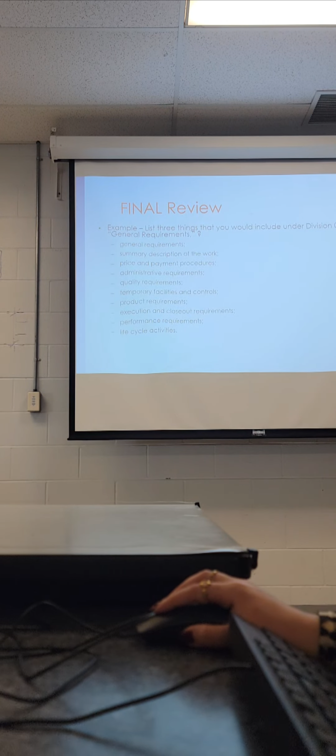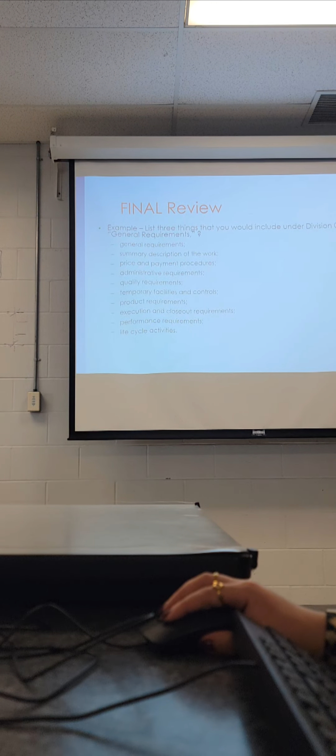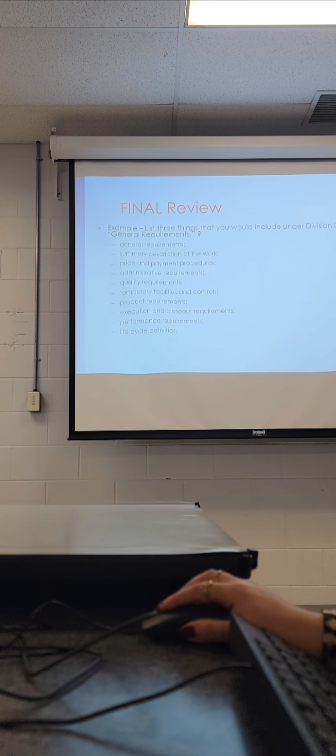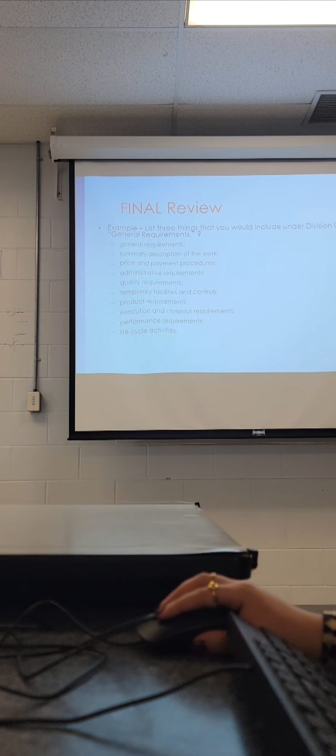It's general information about the project. That's what you would put in General 1. How I pay, how I submit, where I submit, what do I need? It's general information. You could put anything around here. Price and payment procedures.